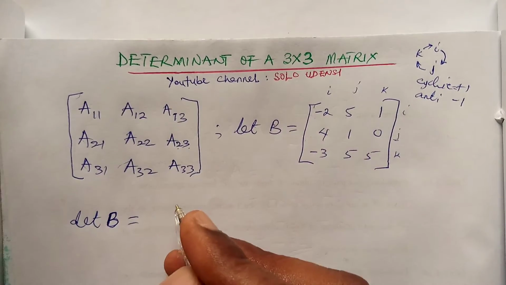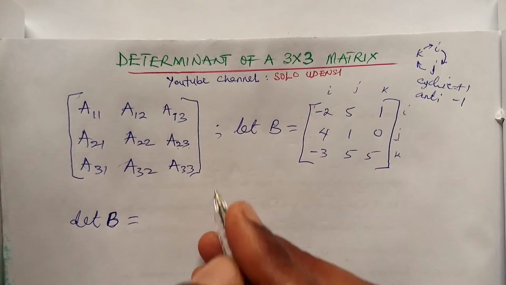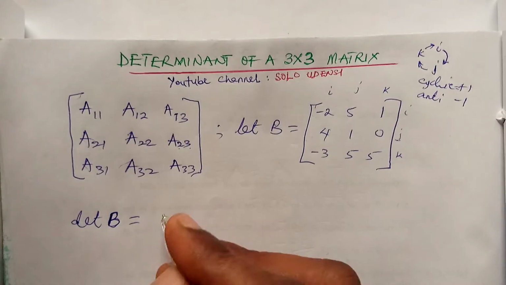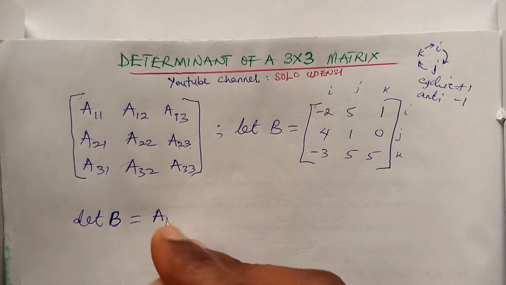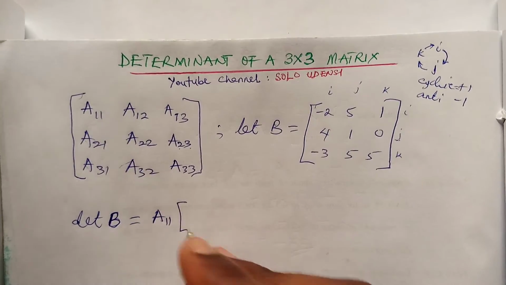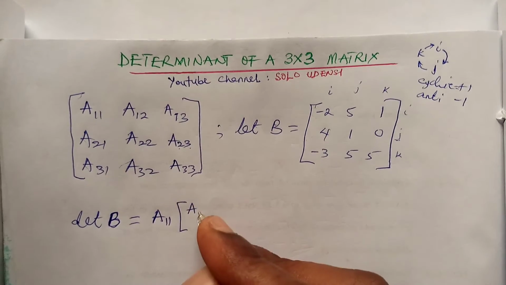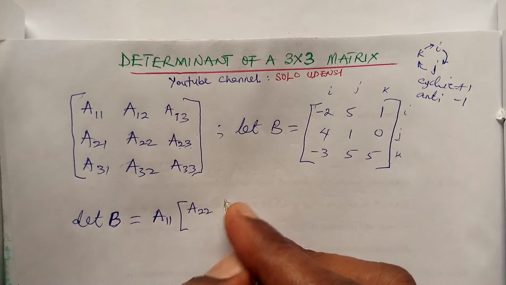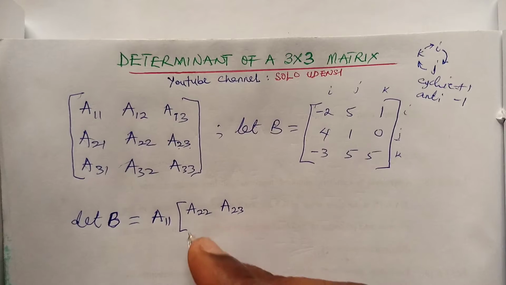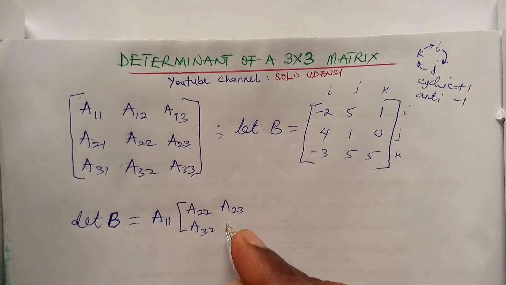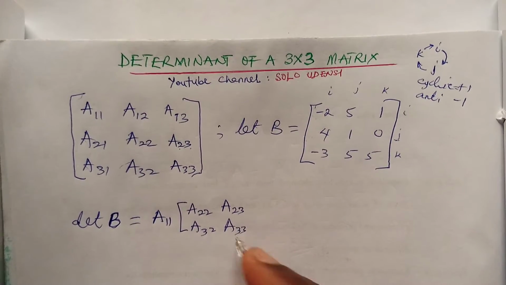So let's continue. For this determinant now, if we take A11, we are going to multiply it with A22, A23, A32, A33.